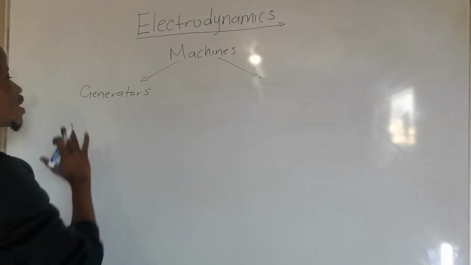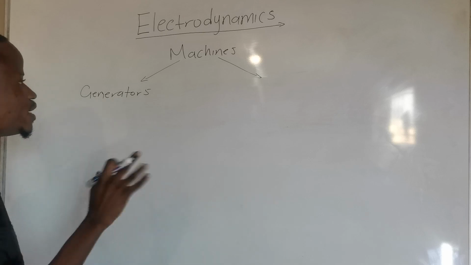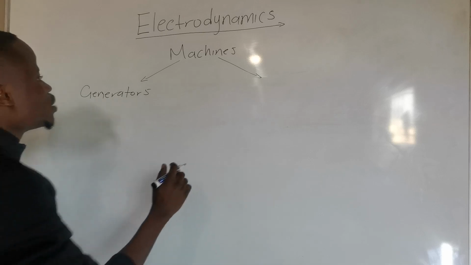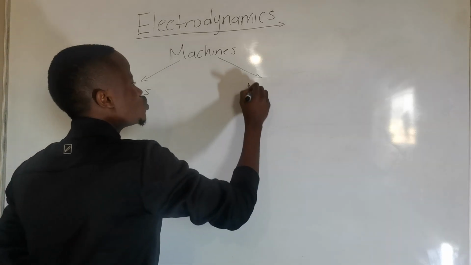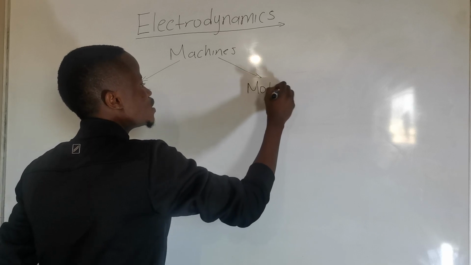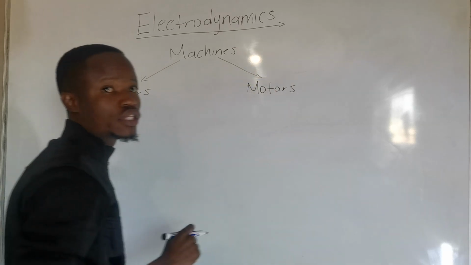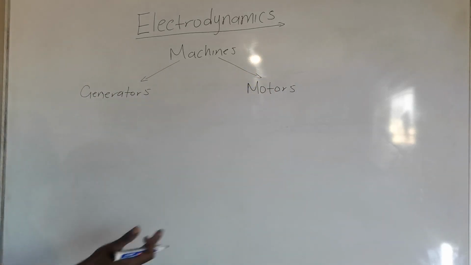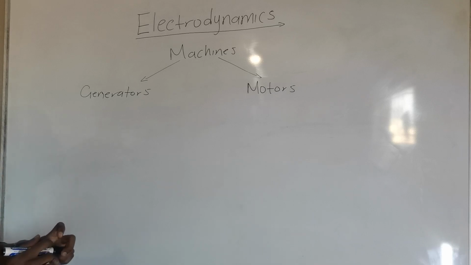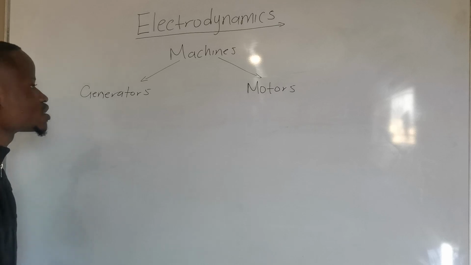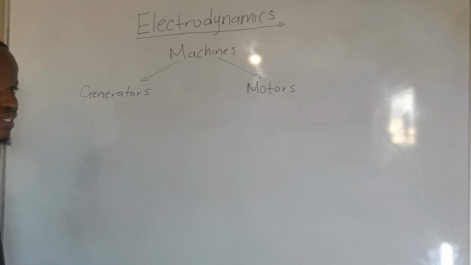What does the generator give us? Electrical energy. Now the second one is the motors, the ones that have to do with movement.